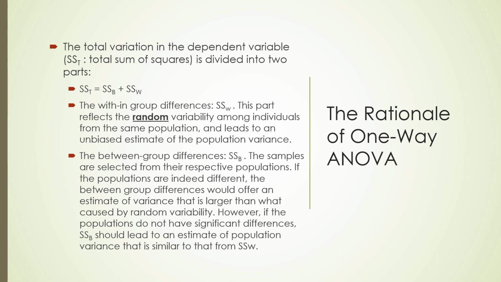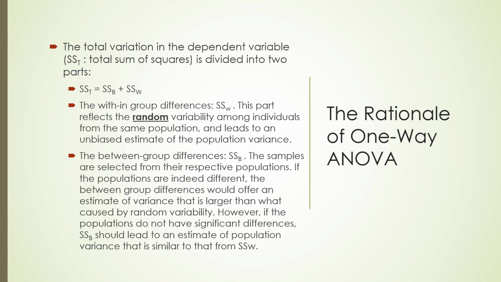In order to get the 2 different ways of estimating population variance, the total variation in the dependent variable is partitioned into within group variation, which is random variation among individuals in the same group, and the between group variation, which is variation among group means.